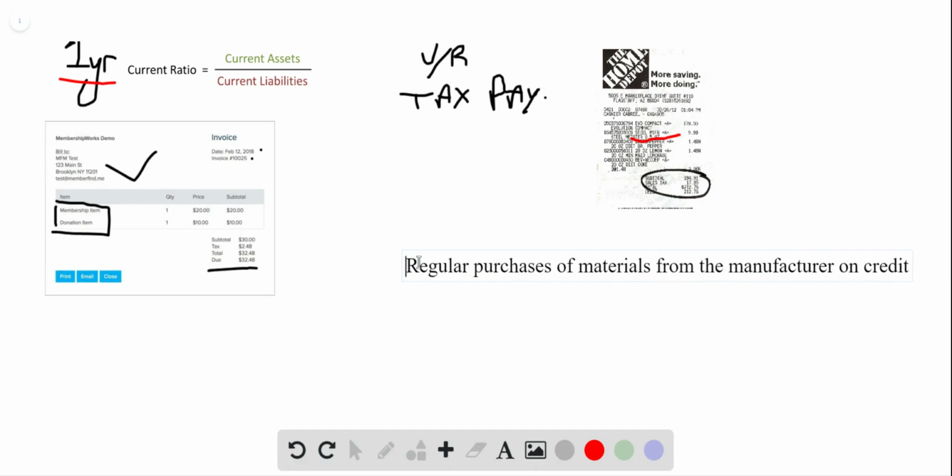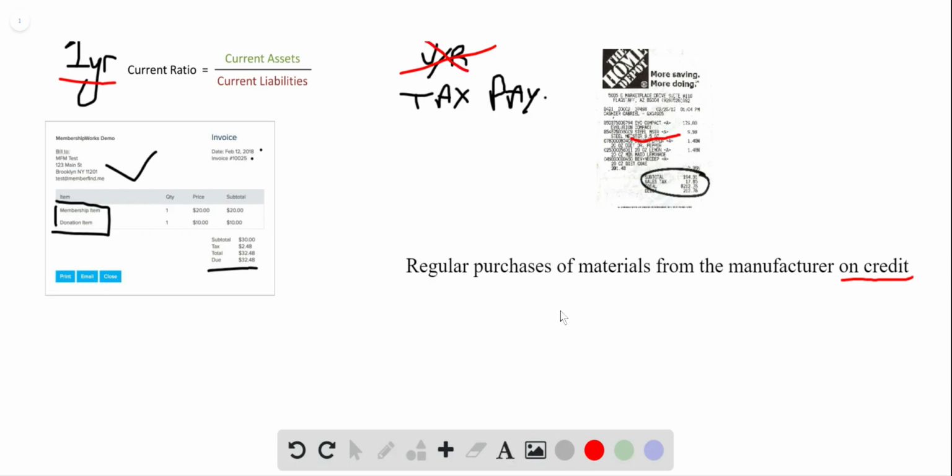What this tells us is that, like I've mentioned before, we're talking about on credit here. So this means we're going to get the products first and then make an arrangement with them to pay off the debt later on. That automatically eliminates unearned revenue, right? It's not an advance payment; we're making the payment later on.